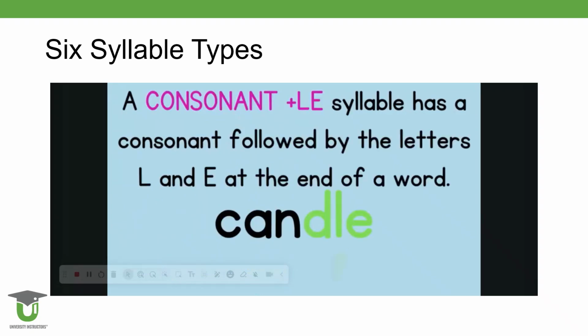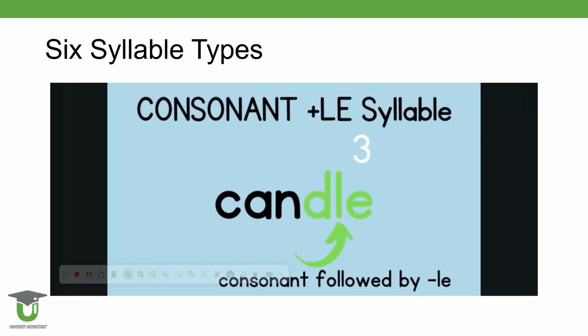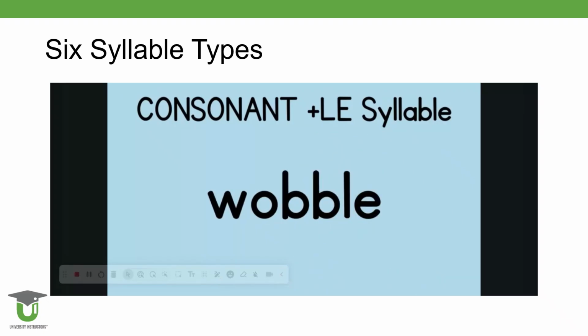A consonant LE syllable is always with another syllable, and you can do 3, 2, 1 to help you spot it. If a word ends in an E and there's an L in front of it, and then another consonant, you know that you have a consonant LE word.